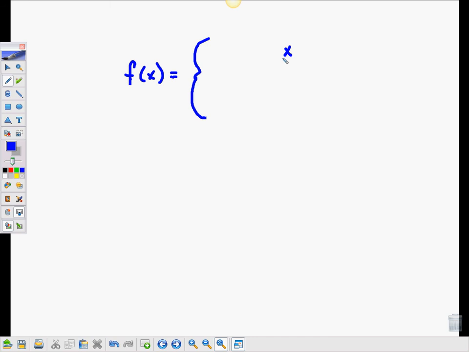We're going to use x for our input variable, and let's go with the same thing we had for the pizza. Starting at 1, so greater than or equal to 1, up until 5, so less than or equal to 5. And the next part will start at 5 and then continues on and includes the value of 10.